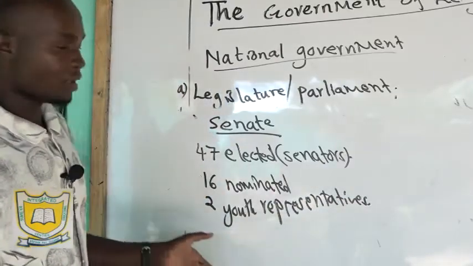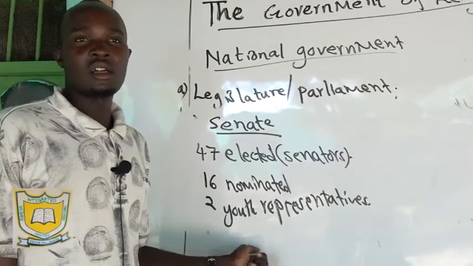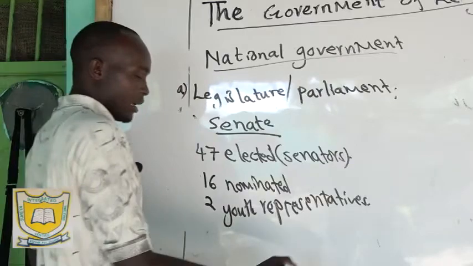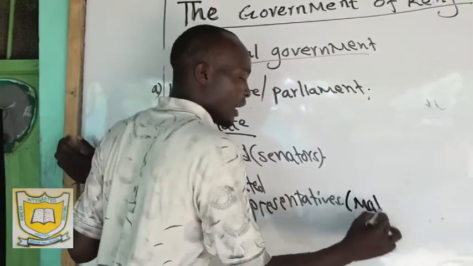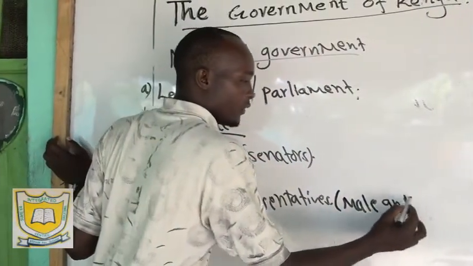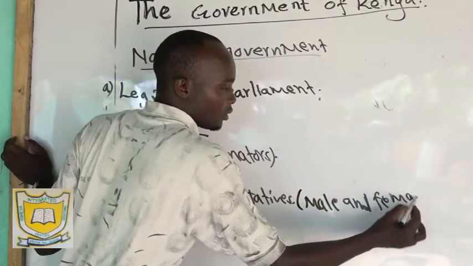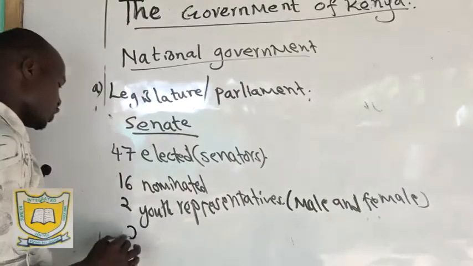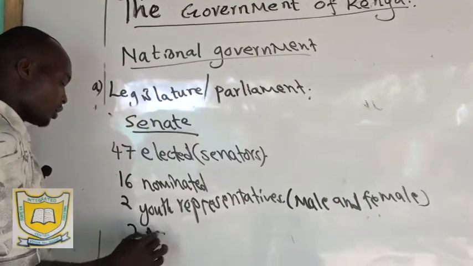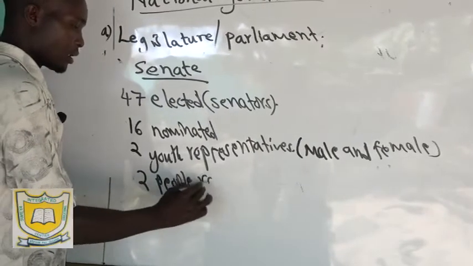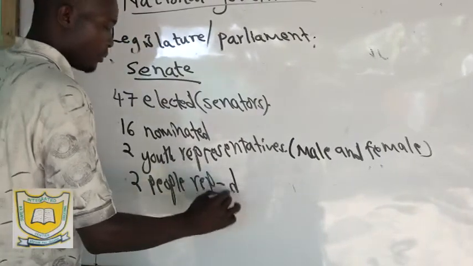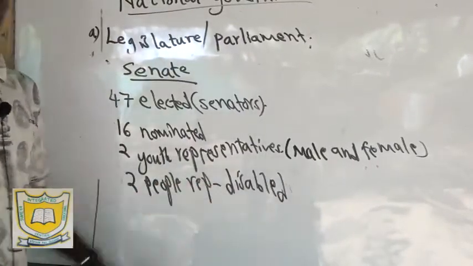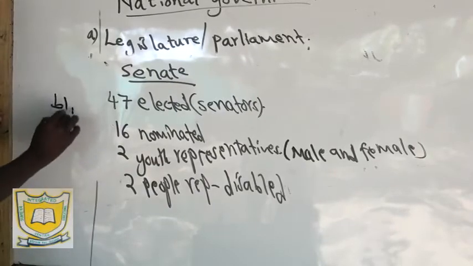Two youth representatives. They are also found here in the Senate. And there are male and female, gender equality. And then we have two people representing the disabled, or people with a disability. And when we talk about the disabled, we're looking at the blind, those people who cannot see.